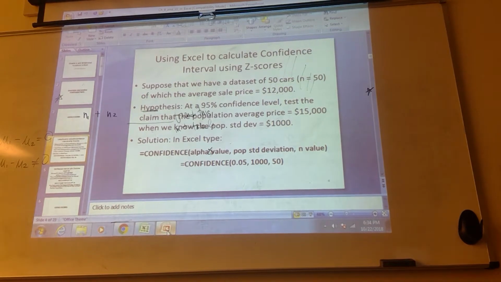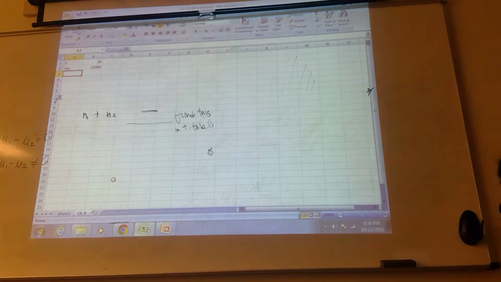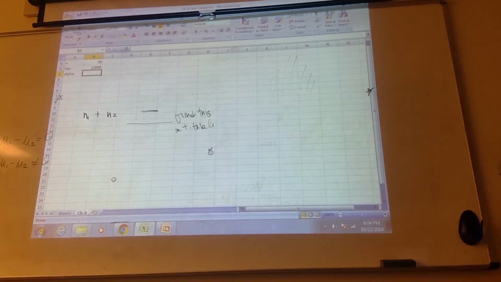Alpha equals 5%. The confidence is 95, right? Yes, alpha is 0.05.